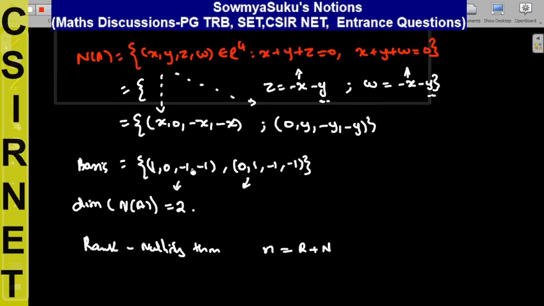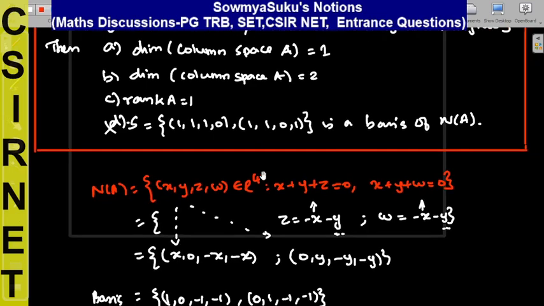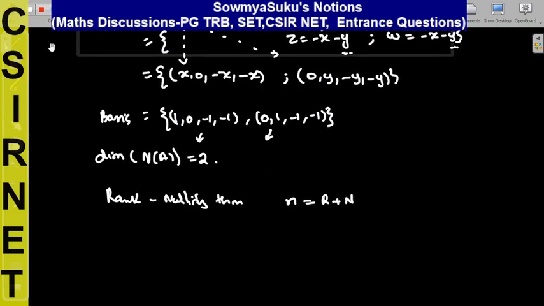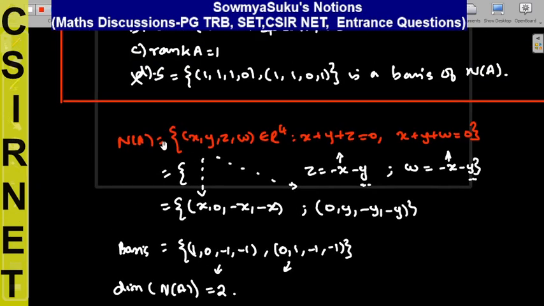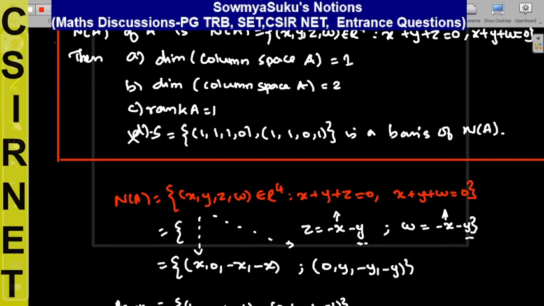So here you can see the n value is 4, given in the question. So the order is 4, then rank plus nullity. Nullity here is 2, so rank is equal to 2. So here rank equal to 2 is the correct option. So here option C is wrong.